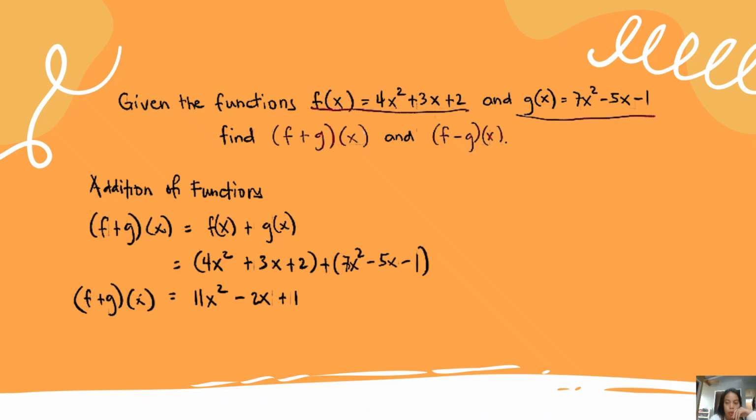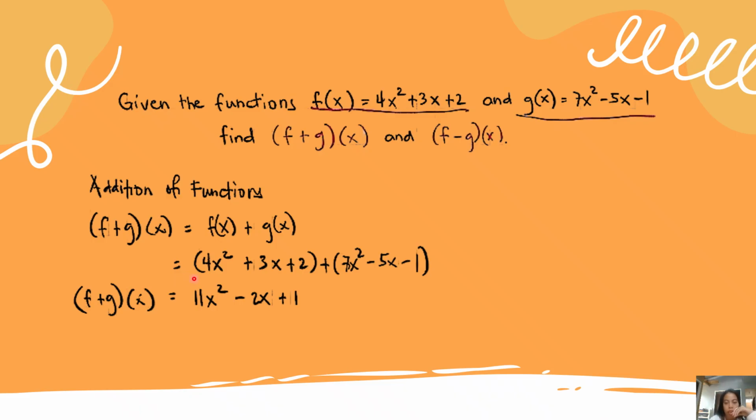Next, we are going to apply the algebra of functions by working through an example of addition and subtraction of two polynomial functions. Given the function f of x is equal to 4x squared plus 3x plus 2, and g of x is equal to 7x squared minus 5x minus 1, find f plus g of x and f minus g of x. First, finding the sum of the functions. The sum is defined as f plus g of x is equal to f of x plus g of x.